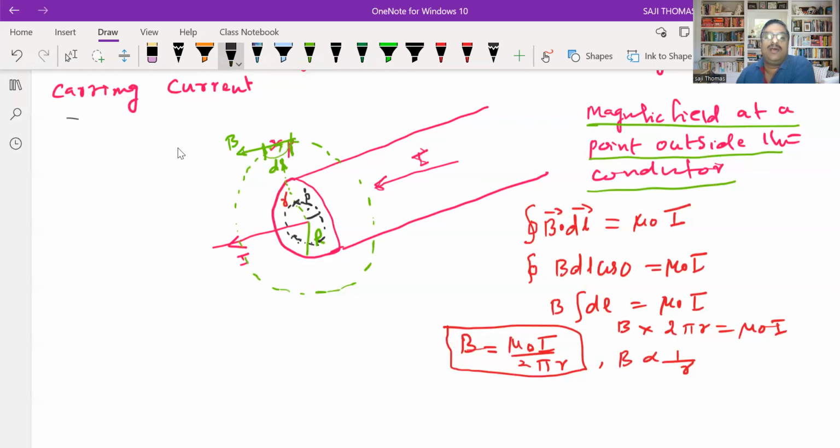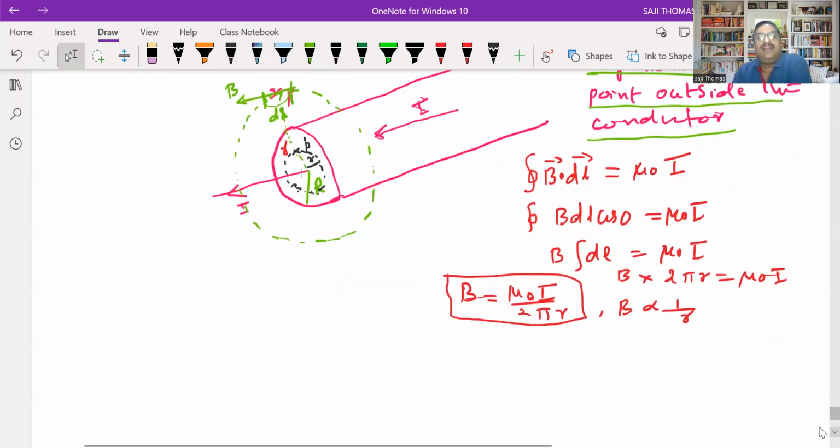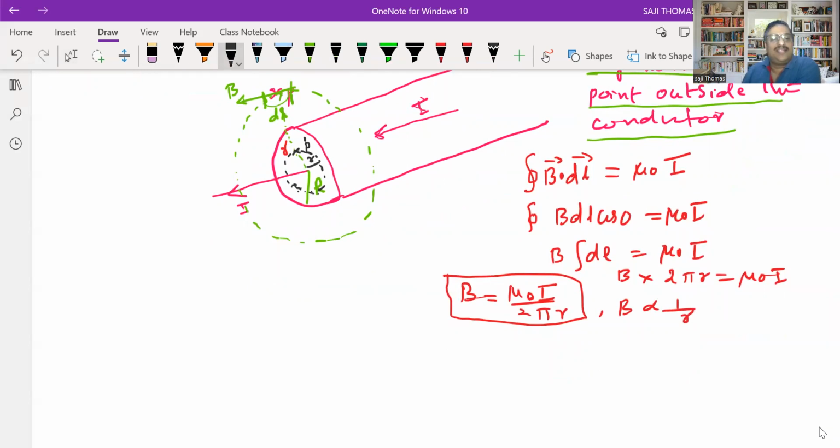Its radius is small r. When you consider the point inside, small r will be less than capital R. What is capital R? The radius of the conductor. Now, the magnetic field at a point inside the conductor.